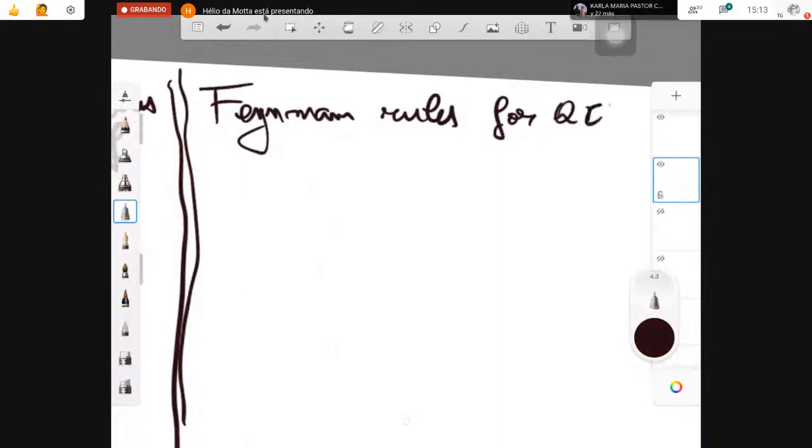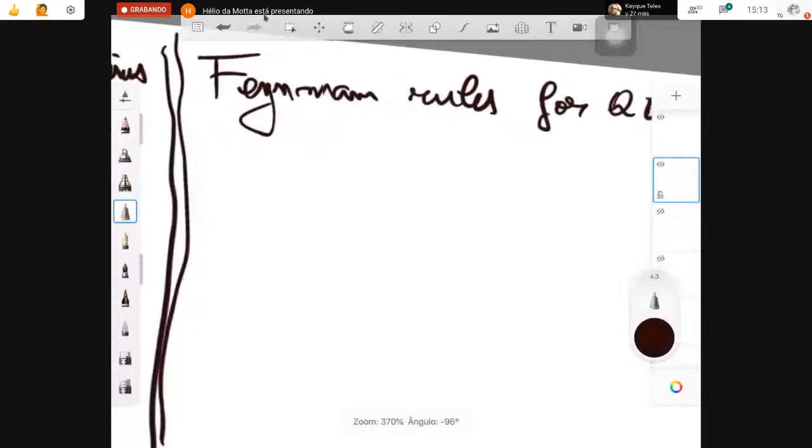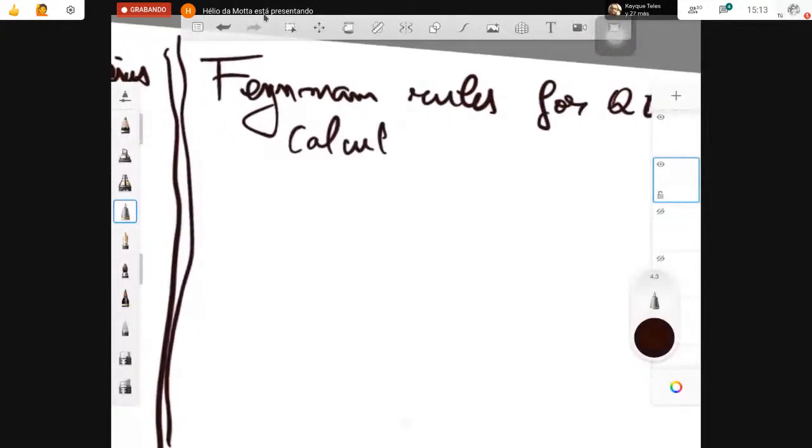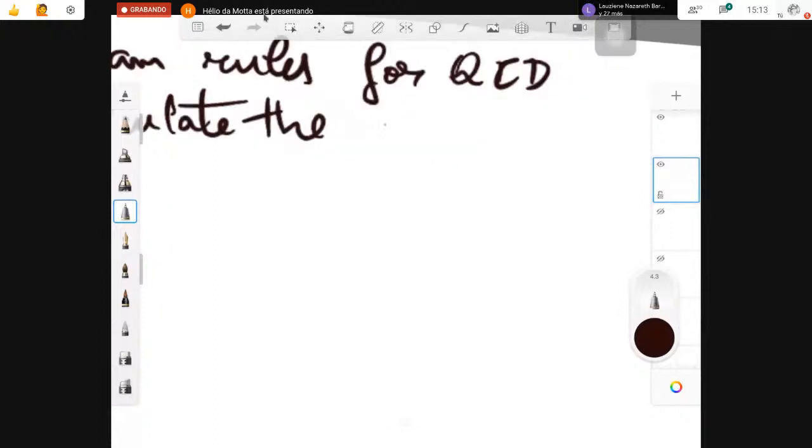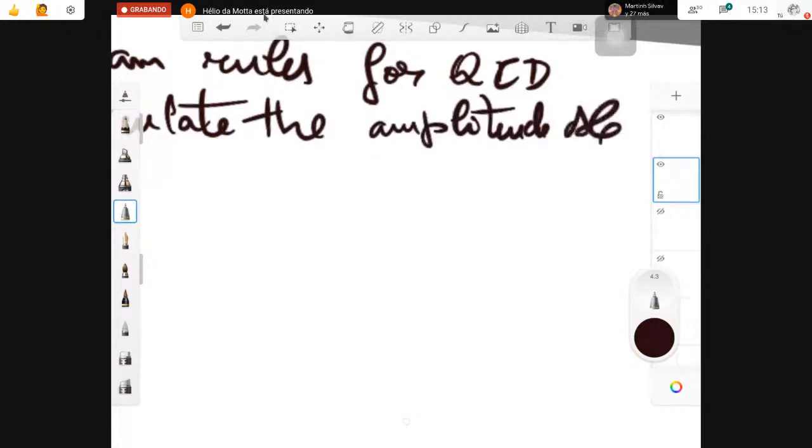This is quantum electrodynamics. Okay? So how to calculate the amplitude, the same that we did for the toy model, if you remember well.